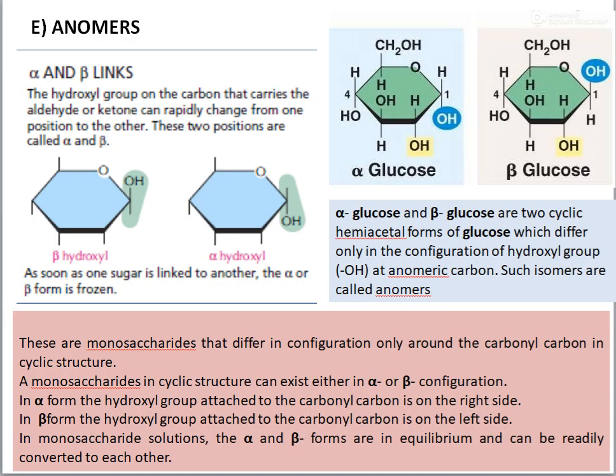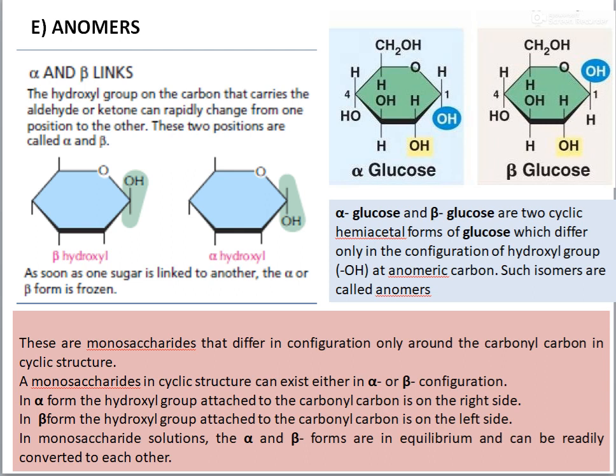Now, when we consider carbohydrates, we have also discussed the anomers. What are anomers? I have mentioned earlier, when glucose is present in solution, it can form cyclized structures called hemiacetal forms. Sometimes the hydroxyl group attached to the anomeric carbon, which is the carbonyl carbon atom in the cyclic structure, could be different in orientation, and based upon that they are called alpha or beta configurations.